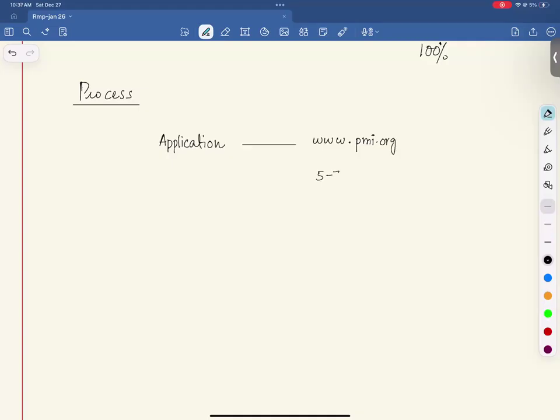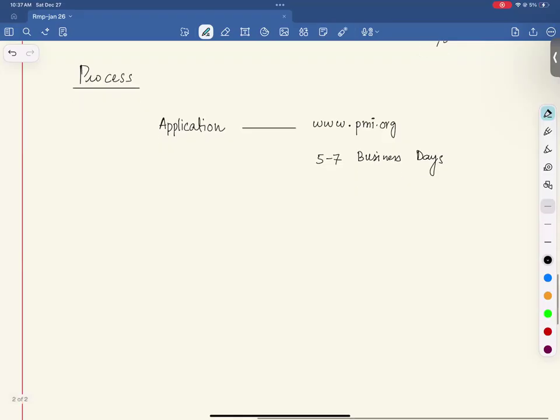PMI takes 5 to 7 business days to process your application. Once your application is approved, then you can pay for the exam. First, you need to pay for membership. Then you need to pay for the exam. Membership and exam fees vary from region to region.